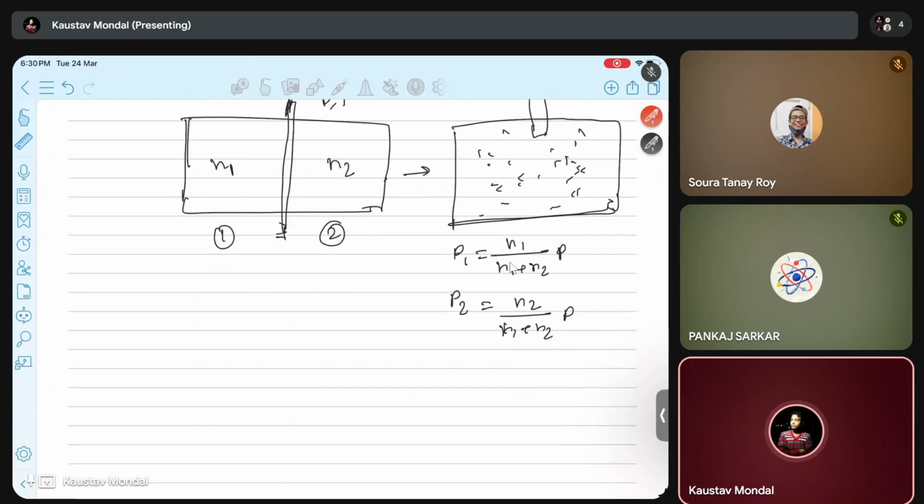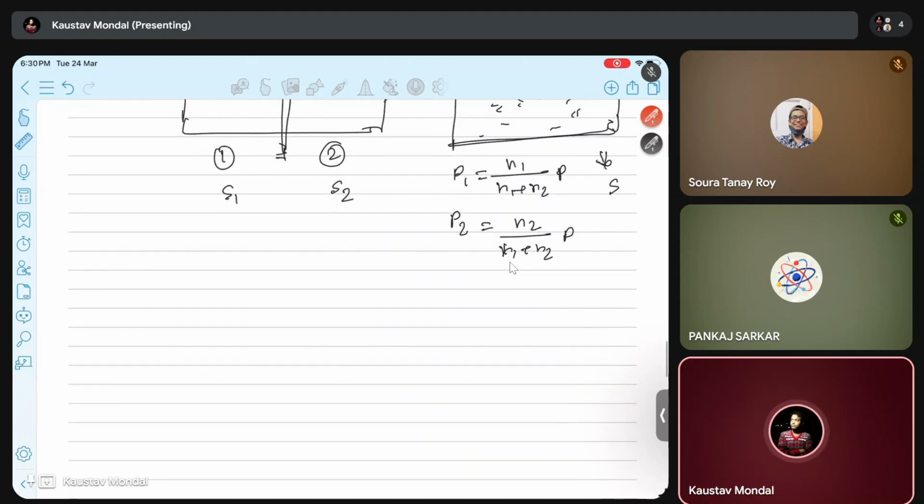Let's suppose the entropy of the type 1 gas is S1 and the type 2 gas has entropy S2. After the mixing, let's suppose the total entropy becomes S.